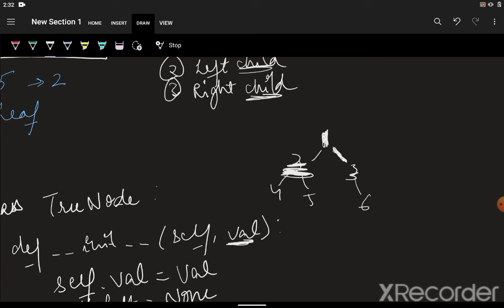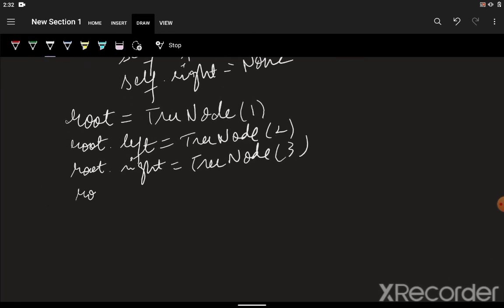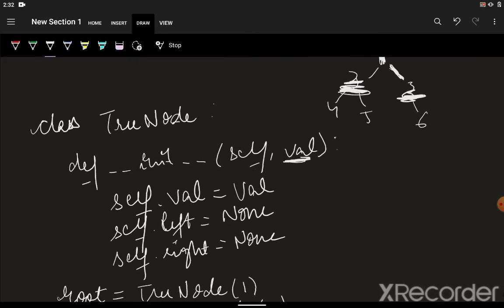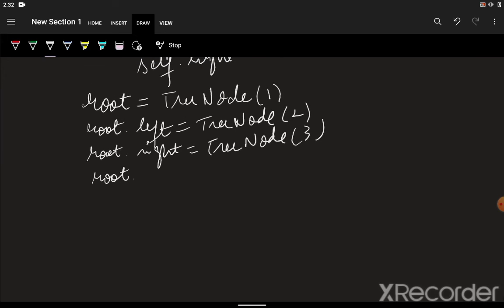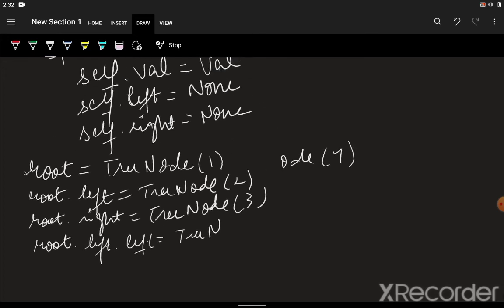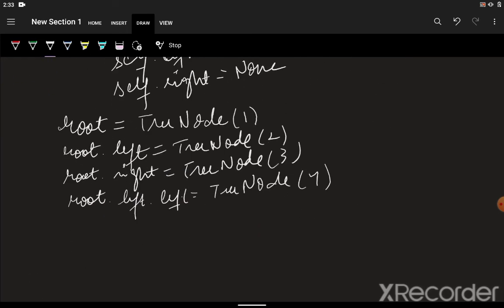Now 4, 5 and 6. 4 is the left child of root's left, so root.left.left is equal to TreeNode(4). 5 is root's left's right child, so root.left.right is equal to TreeNode(5).